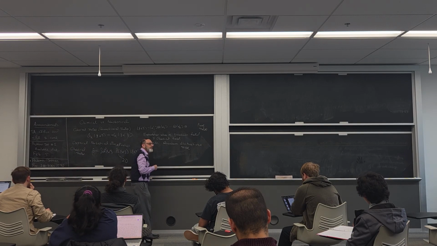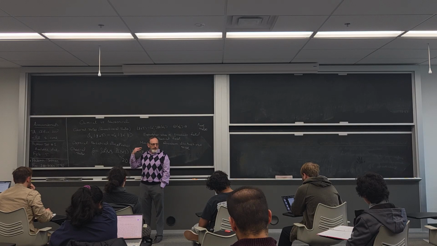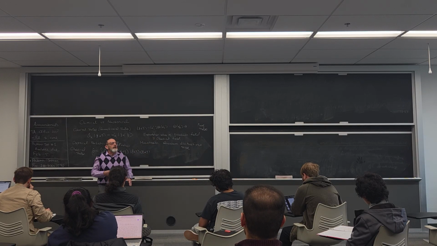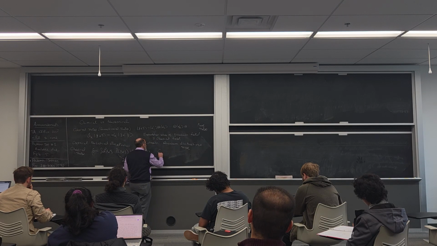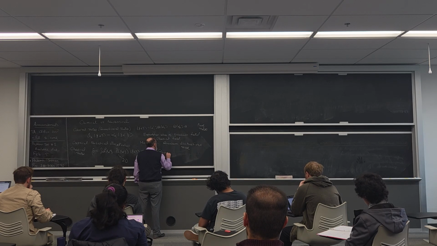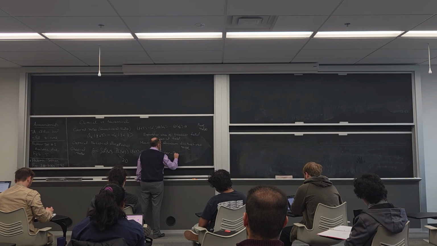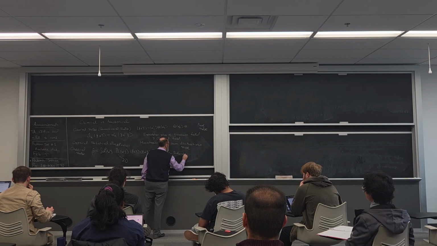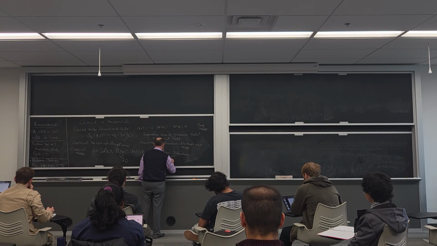This way of expressing the density matrix is something we'll talk about again more in a few weeks. It's the Glauber-Sudarshan P representation.